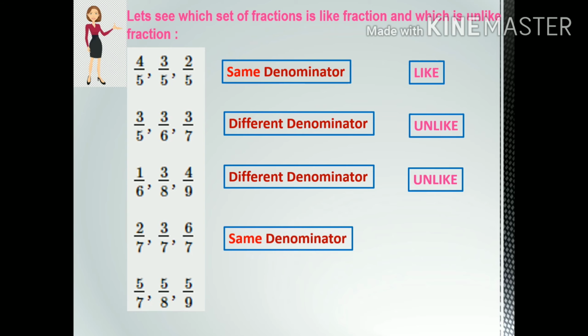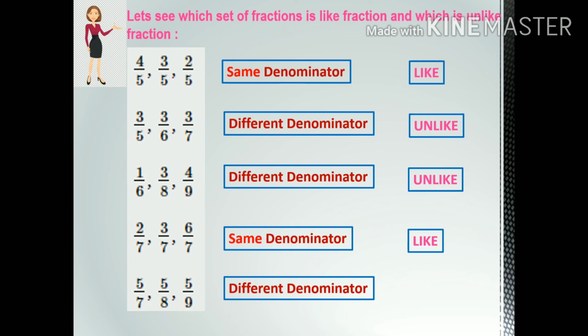In the next part we see the denominator for the given fractions is the same, that is 7 for all the fractions, so it is a like fraction. In the last part we see the fractions have different denominators, so they are unlike fractions.